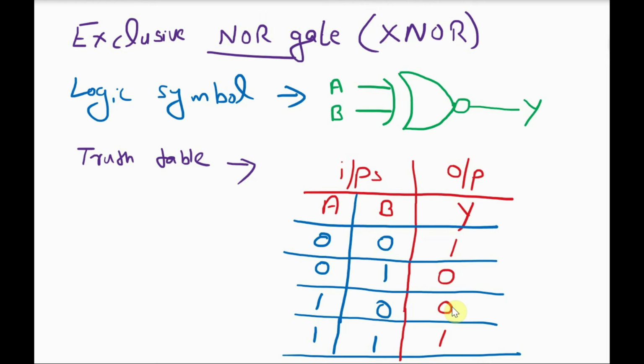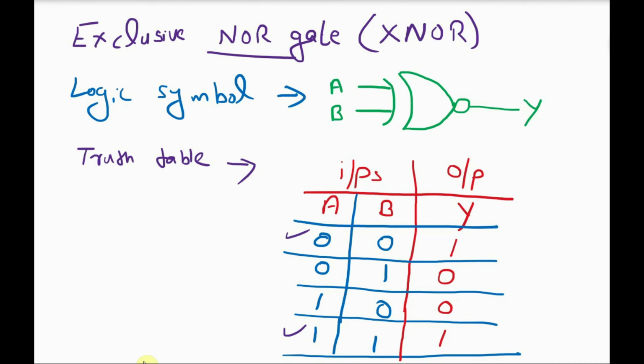This is the case of XNOR gate, the opposite case of XOR gate. So here the first condition and last condition we have output high.